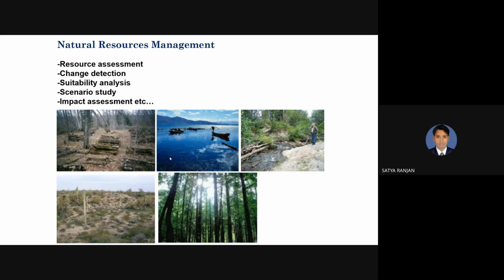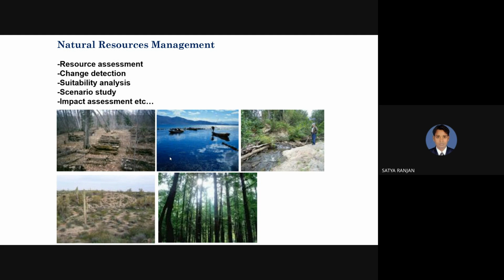Then suitability analysis, like land suitability analysis for industrial mapping. So suitable sites for industrial establishment are part of natural resource work. Then road network coverage: is it good or bad? Railway networking, so nearby railway networks. Then forest areas, non-forest areas, and different settlement areas.